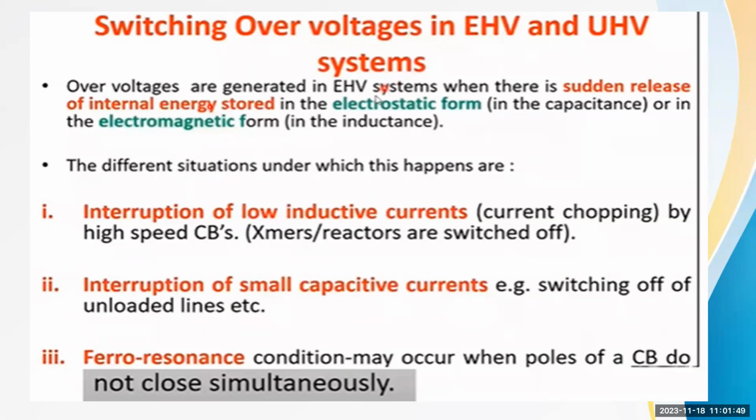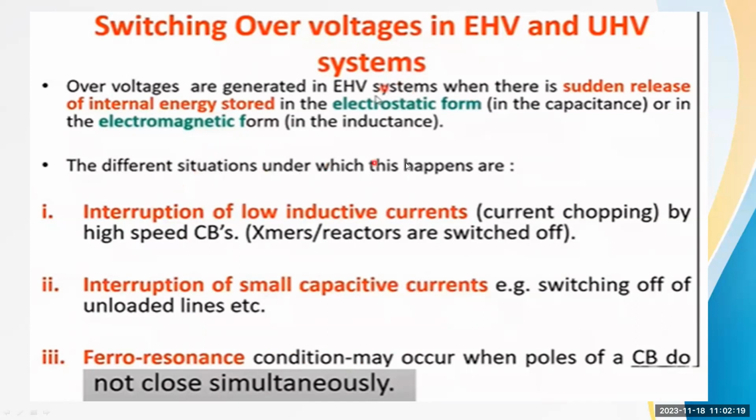There is also capacitance between the transmission line and the ground, which is the electrostatic effect. Inductance means an electromagnetic field, and capacitance is like an electrostatic field. Because of these two energies, overvoltage is generated in the extra high voltage system.